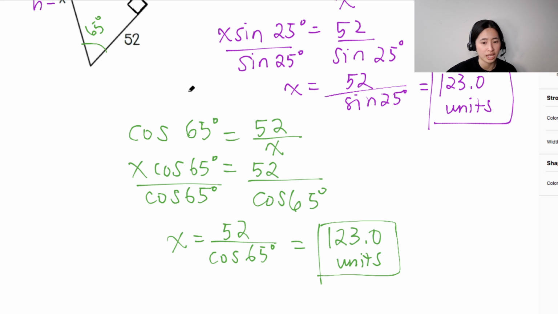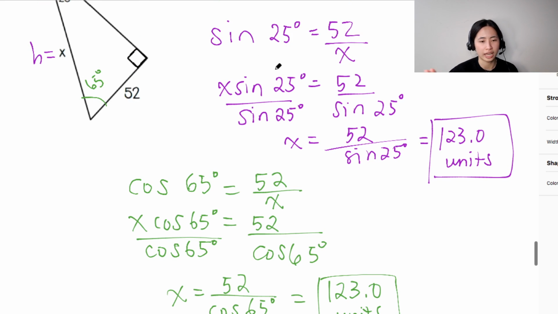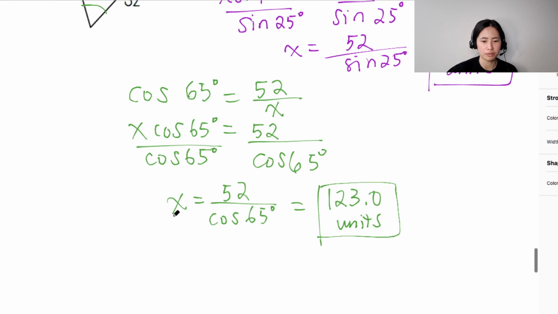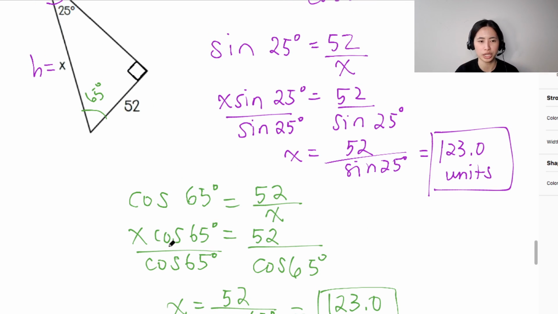So again, the two values are similar, and because they're similar, they're supposed to be identical. Even if we're using two different angles, your answer should not deviate from the other, even by a decimal place value, just because we're looking at the same triangle. As I mentioned, your x values are the same, 123 units, because you're looking at the same triangle.